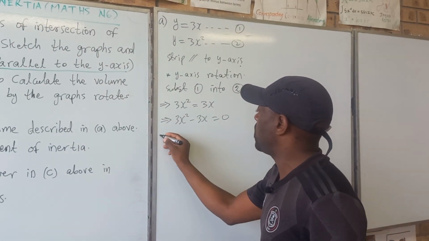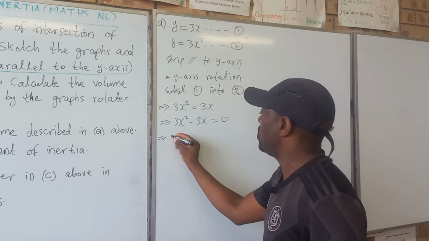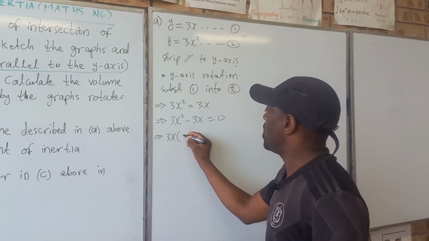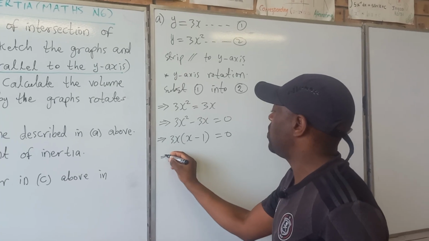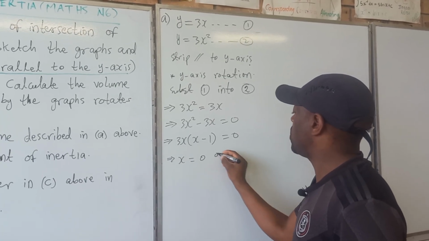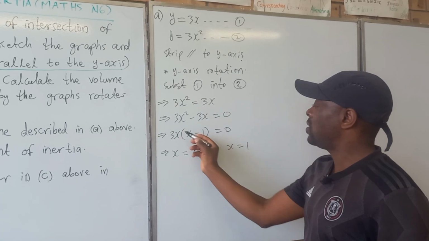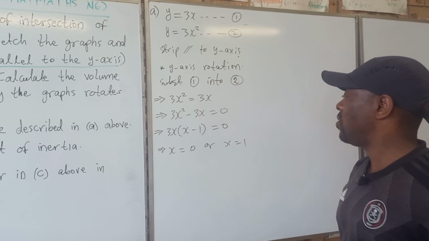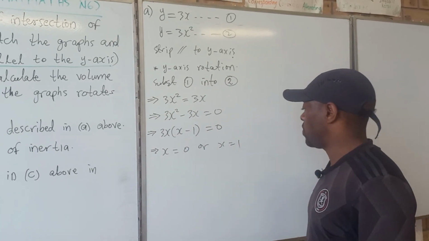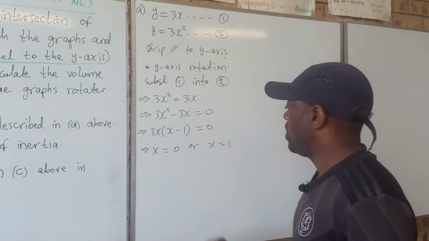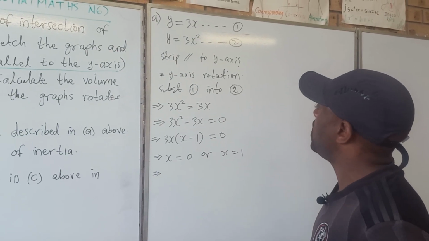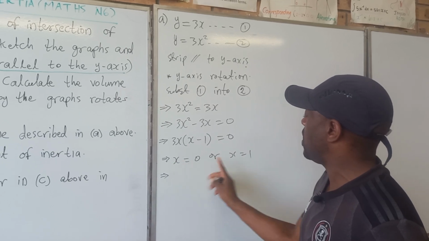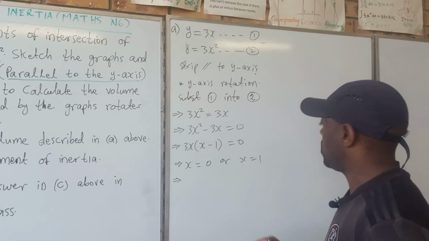Then from here you take out a common factor, which is 3x in bracket x minus 1. Then that will tell us that our x is equal to 0 or x is equal to 1. Since if we equate 3x to 0, you will get 0. If you equate x minus 1 to 0, you will get 1. And in order to arrive at your point of intersection, you must also substitute the x values into any equation up there.